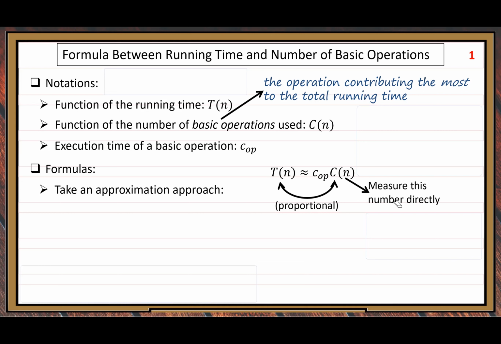But the second one is stable. So we would like to use that stable measure. But you can see in this formula, they are connected. This little constant you need to be aware of. On different machines, it is a different number.